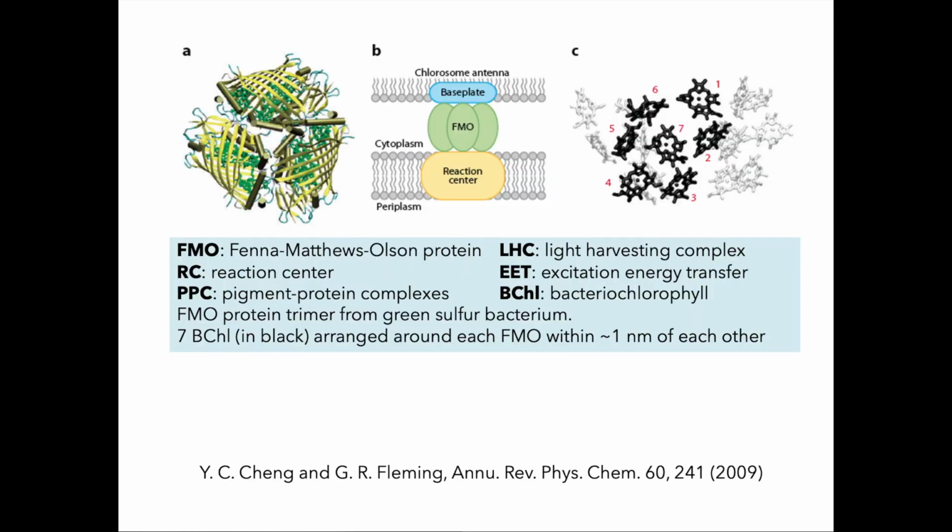How does that work? Well, this extended complex system is made up of not only the light harvesting complex up here, but that's coupled to this FMO. The FMO is the Fenna-Matthews-Olson protein, illustrated here. It's one of the first proteins to have its crystal structure determined with close to atomic detail.